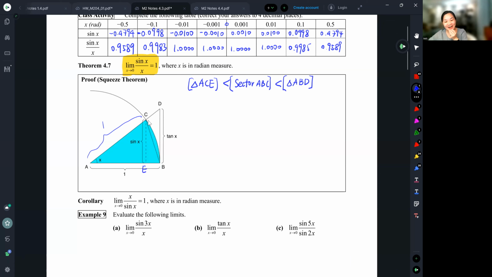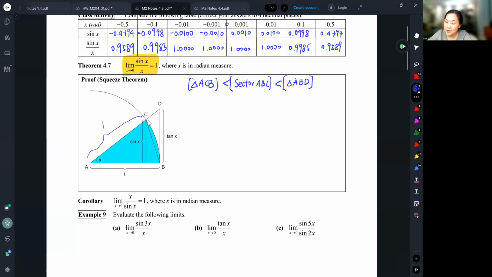Let me show you why. Now, ACE is basically base times height. Sorry, ACB, not ACE, ACB and ABD, sorry.